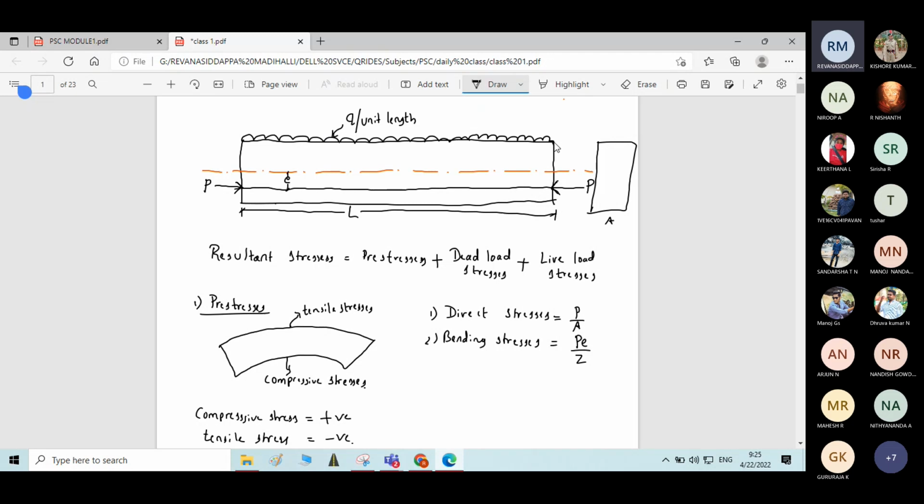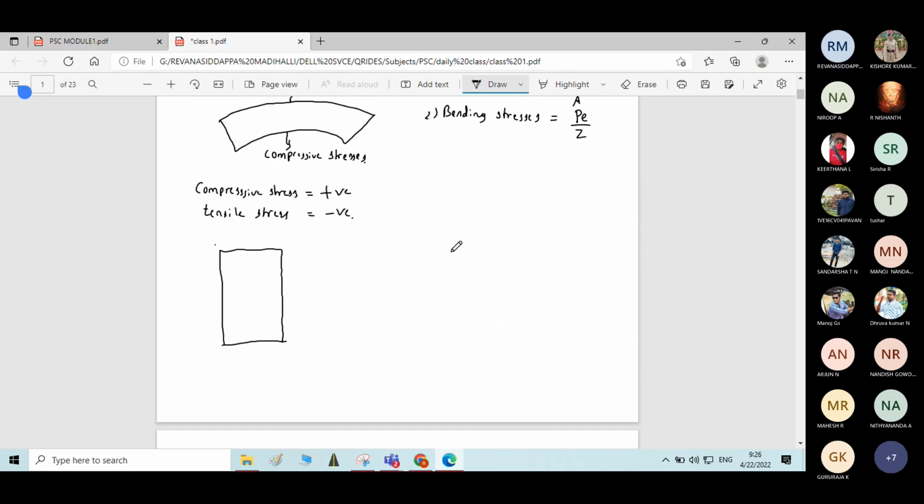So even in the top fiber, the nature of direct stress due to prestressing force will be compressive only, and even in the bottom fiber, it will be compressive stress only. Therefore, it will be positive on both sides. So what is the amount of direct stress caused? It is P by A.